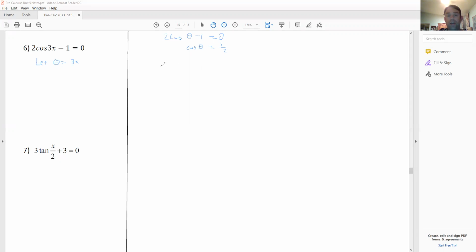So if cosine of theta equals 1/2, that means that theta is equal to pi over 6 plus 2 pi n, and theta equals 11 pi over 6 plus 2 pi n.